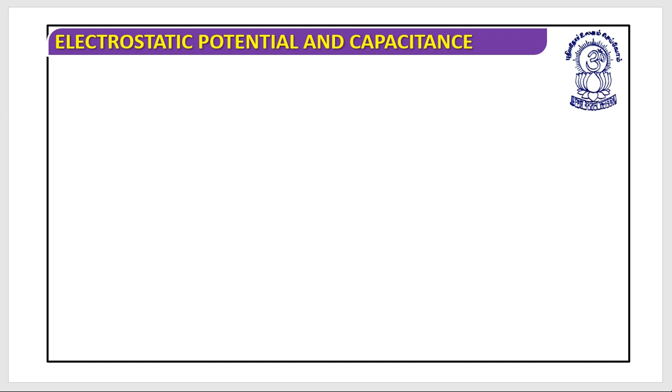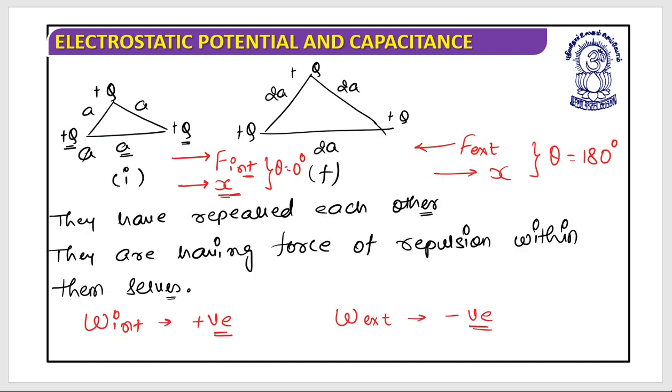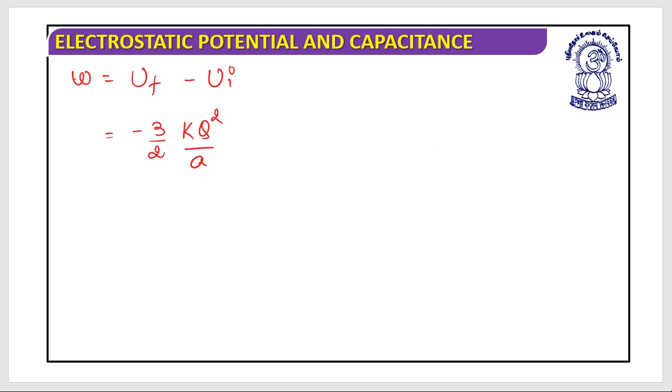In our case, work done equals UF minus UI, and my answer was minus 3 by 2 KQ square by A. Now I assume that work done due to internal forces should be positive, so I make this answer positive and write it as 3 by 2 KQ square by A.